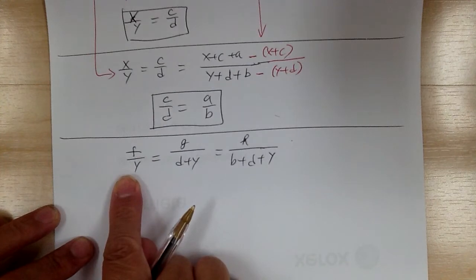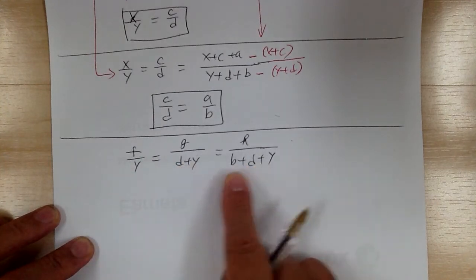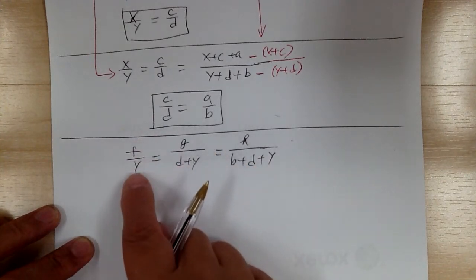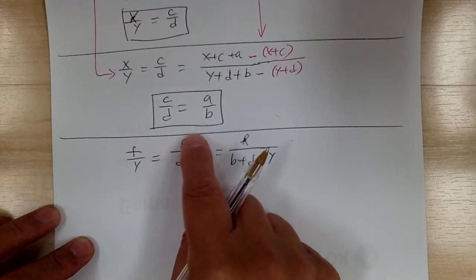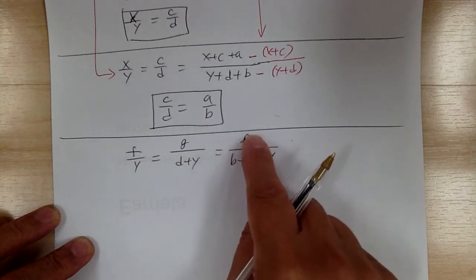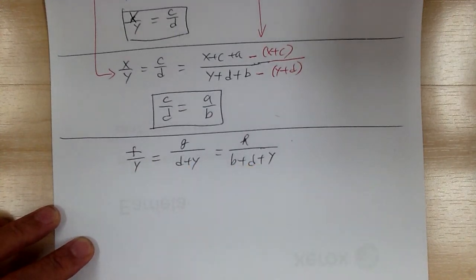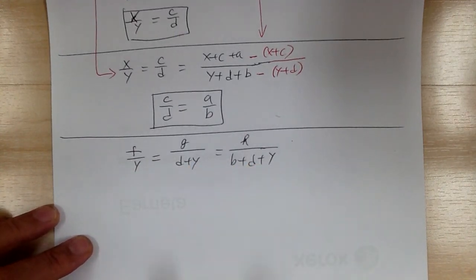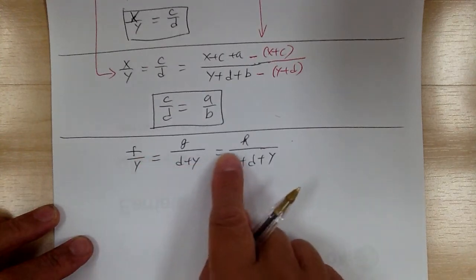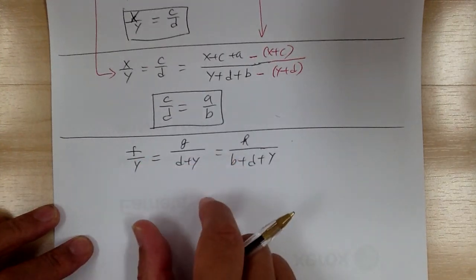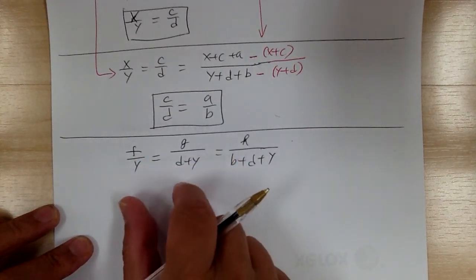So this is a small triangle, medium triangle, large triangle. So I get the bottom over right side equal to bottom over right side equal to bottom over right side. Okay. So once I get my equation, then I can go and use the proportion theorem.